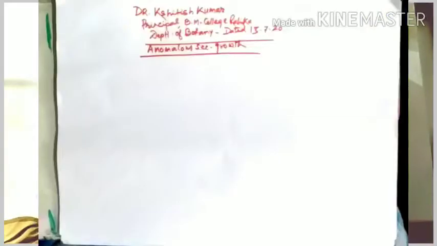So we shall discuss one by one all types of anomalous secondary growth which takes place in the dicot plants.